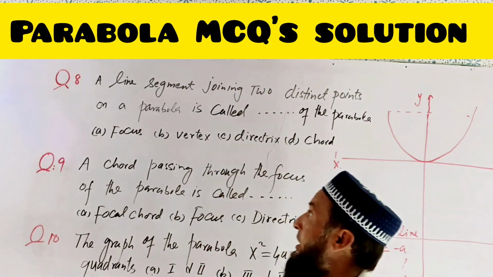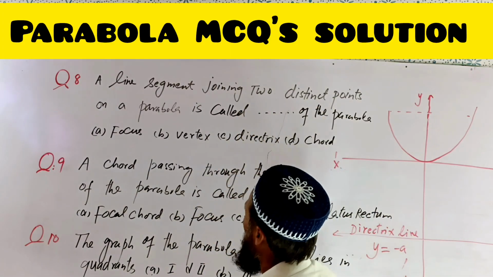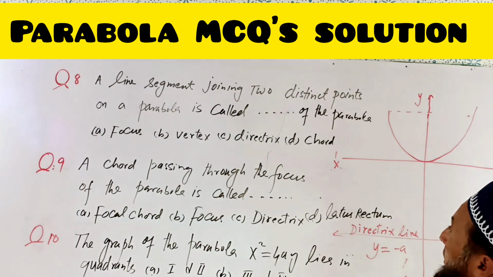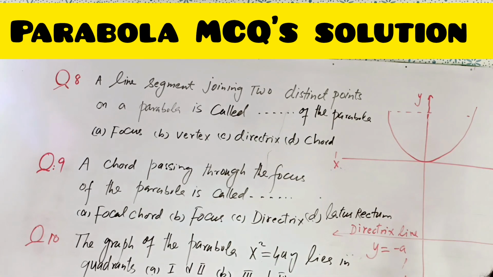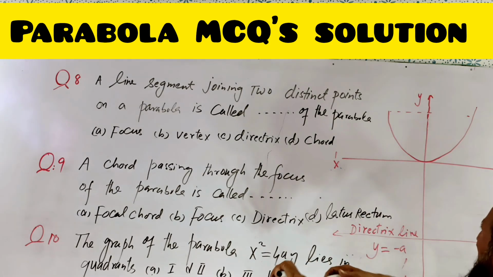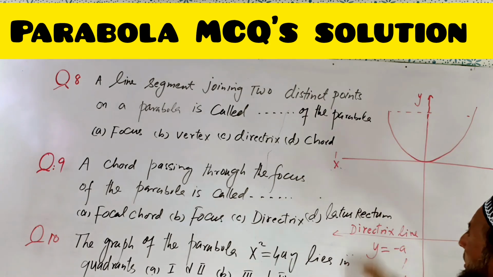Question number 8: a line segment joining two distinct points on a parabola. Any distinct points, whether the parabola is upward, downward, leftward or rightward.